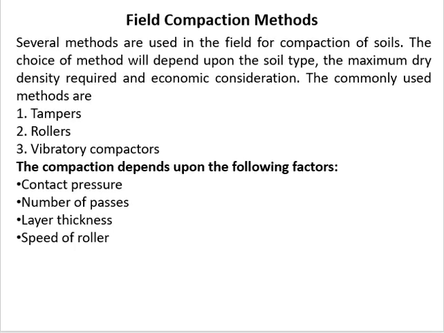The compaction achieved in the field depends on contact pressure of the equipment on the soil, which depends on contact area of the machine with soil, number of passes of the equipment on the soil layer, thickness of layer, and also on the speed of the roller.